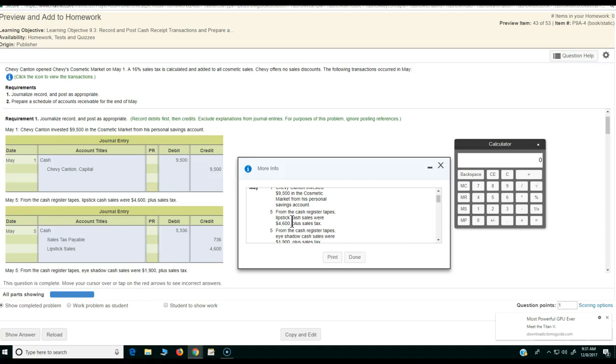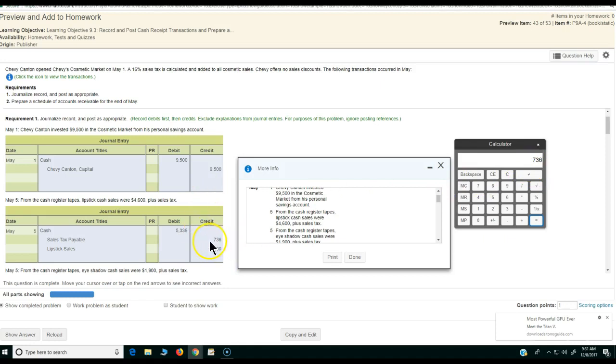So the entry would be to take the 4,600. So we'd use the calculator over here, 4600, and we would calculate the percentage of 16% times 0.16, and that sales tax adds up to $736.